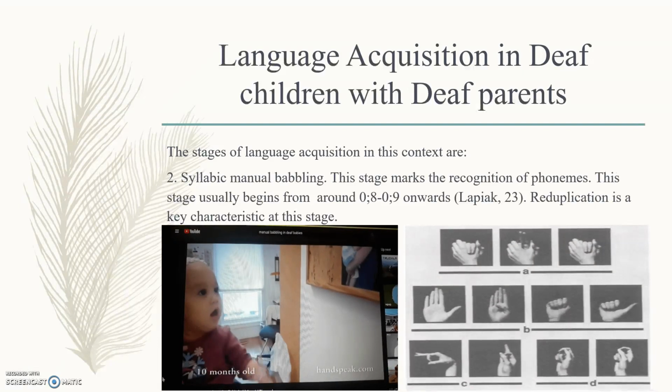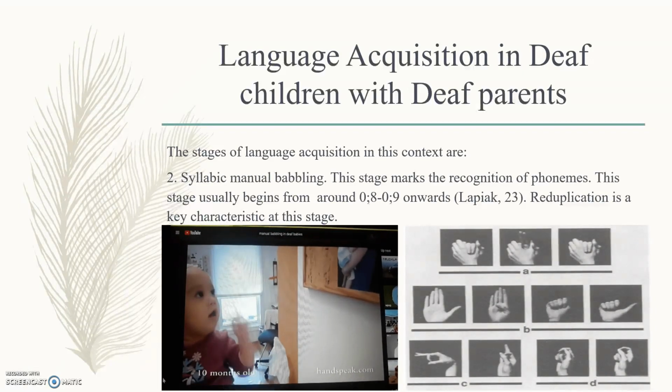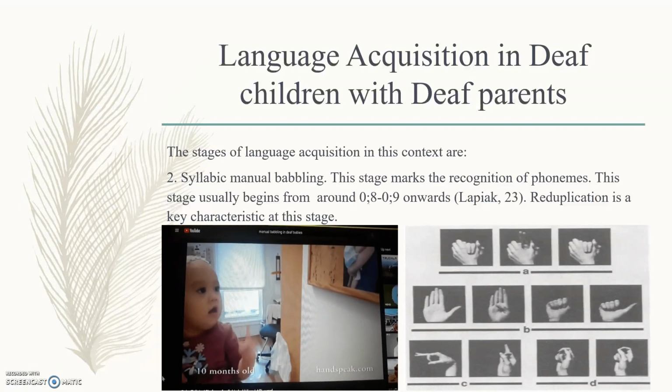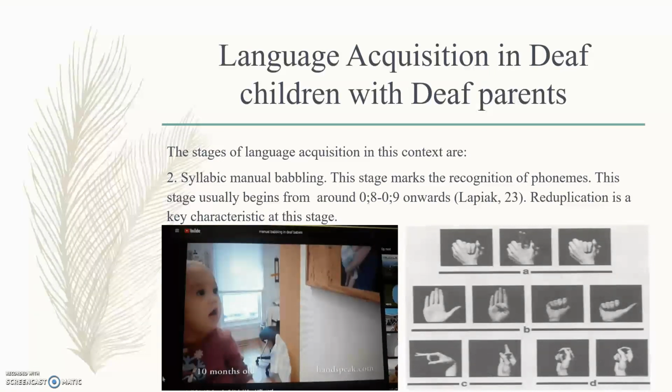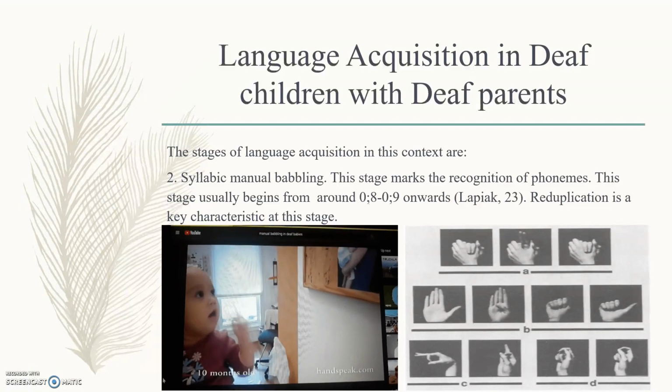So stage 2 is basically syllabic manual babbling, and it is a direct continuation of manual babbling, but it is sort of a development in the sense that it officially marks the recognition of phonemes.